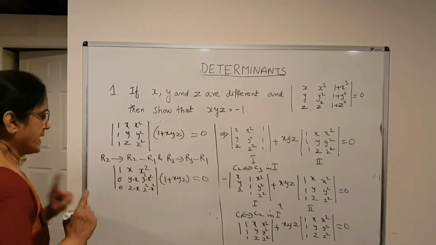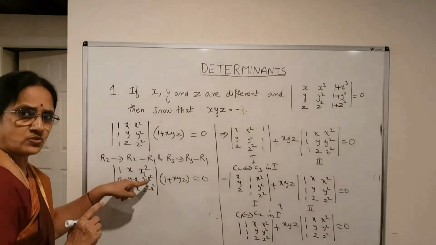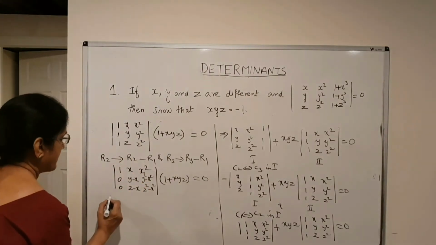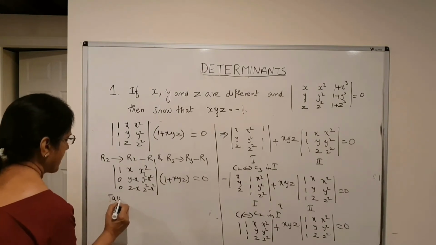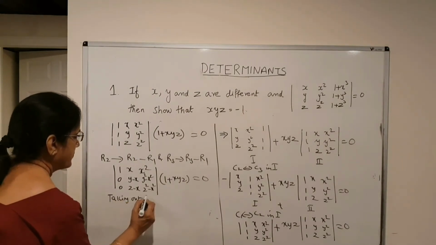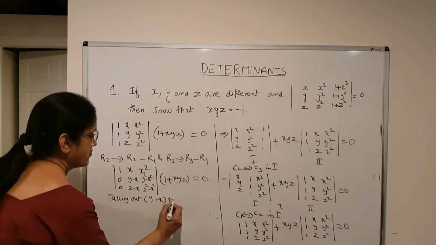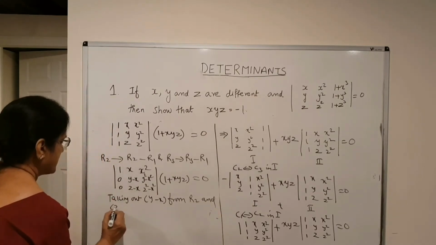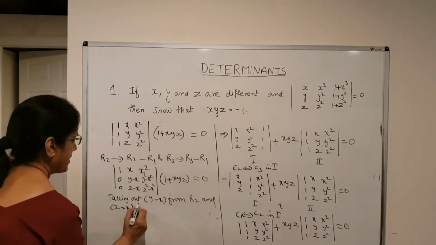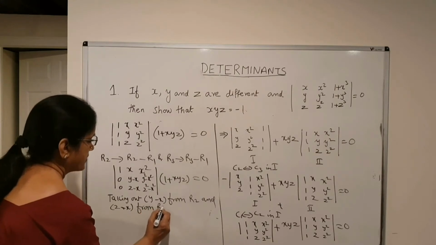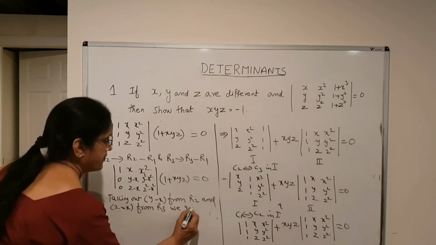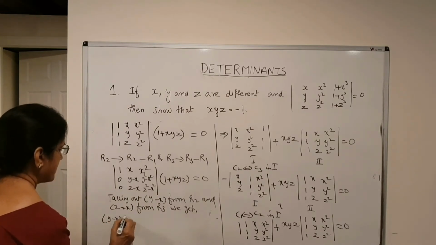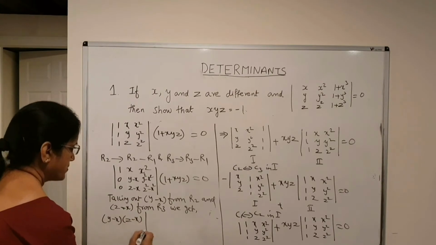Now, I can take out y minus x from R2 and z minus x from R3. Then what will I be getting? Taking out y minus x from R2 and z minus x from R3, we get (y minus x) into (z minus x) into the determinant.